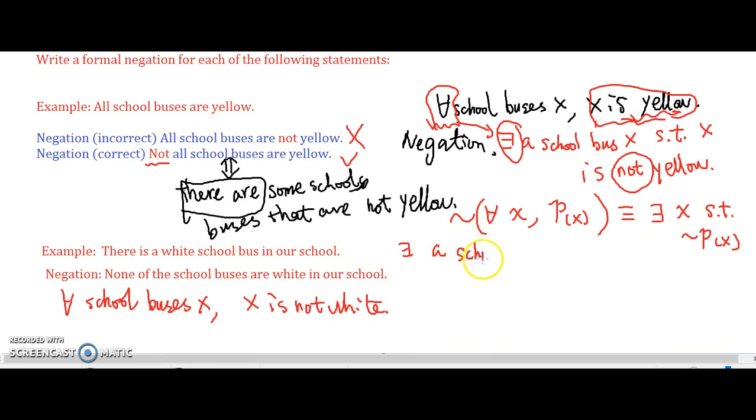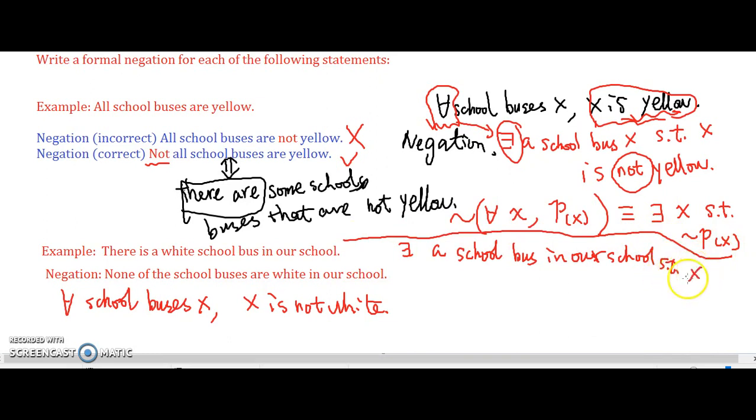And if we look at the original statement, the original statement says there exists a school bus in our school, let's call it X, such that X is white. We compare the original statement and the negation. In the original statement, there exists, or there is.